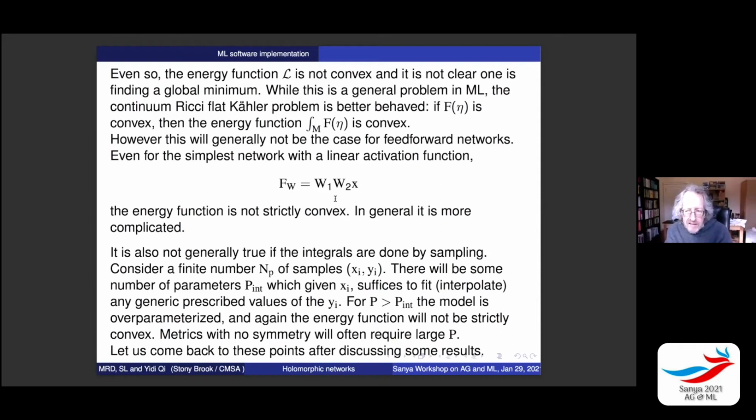Once you get the variational equation for a critical point, you get a set of conditions for each point. The total number of conditions is going to be proportional to the number of points. So in some intuitive sense, if the number of parameters is greater than the number of data points, you don't have enough equations to pick out a unique minimum, and the model is then over-parameterized, and the energy function can't be convex, although it could be that it just has flat directions.